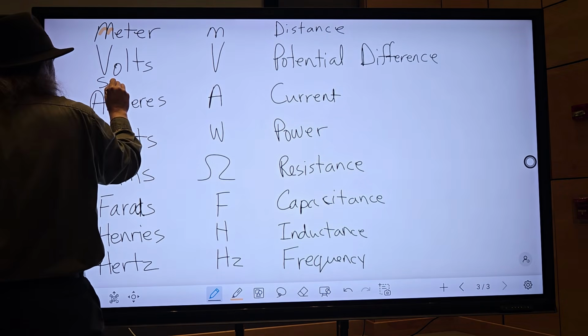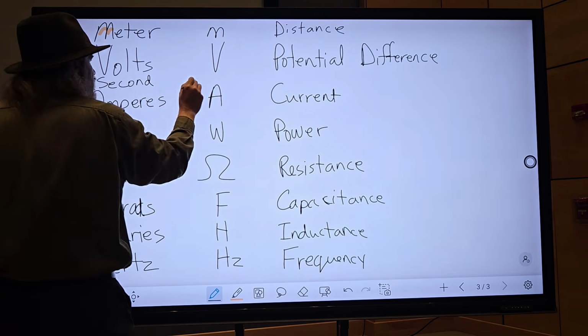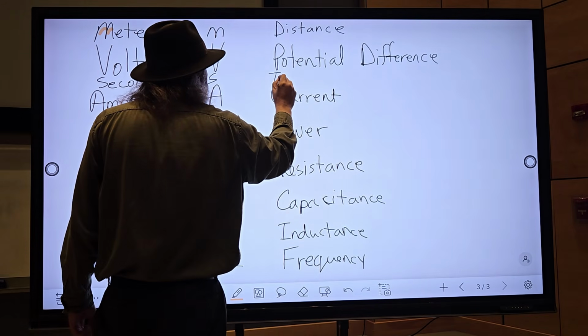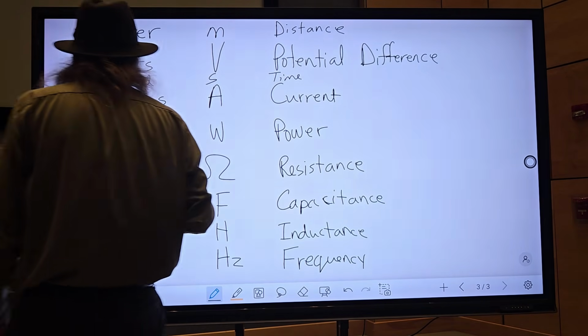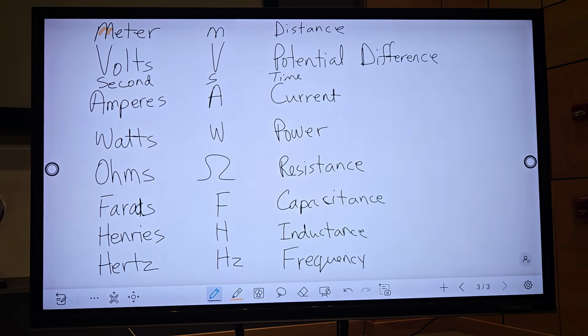And let's squeeze in second, which is little s, time. So that about wraps up the units. Not a whole lot of them. There's a lot of metric units around for all kinds of different things, but for electrical and computer engineering, these are the primary ones.